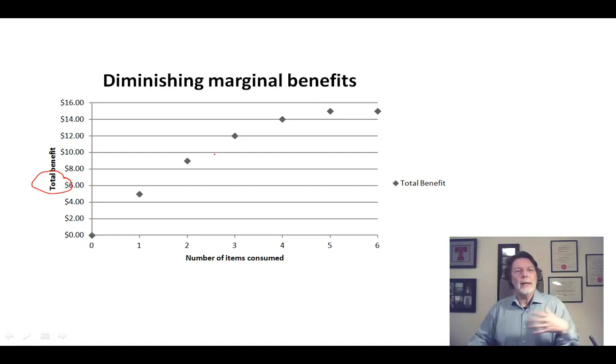What's happening here is that as you have more and more beer, the amount you're willing to pay for each additional beer goes down. The first one you're willing to pay, let's say from here to here, which is $5. But the second one is from there to there, which is only from $5 up to $9, which is only 4.